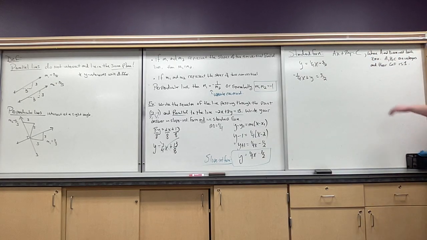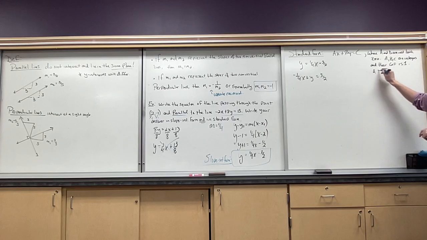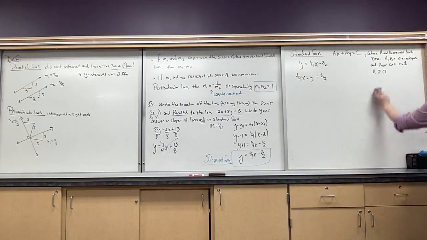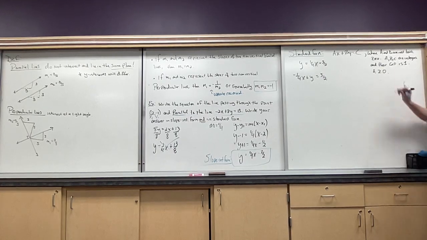Now, a and b are not both 0. They have to be integers. The GCF has to be 1. And there's one other: a could be equal to 0. It is possible that it's equal to 0, but it has to be positive at least. That's another criterion there.